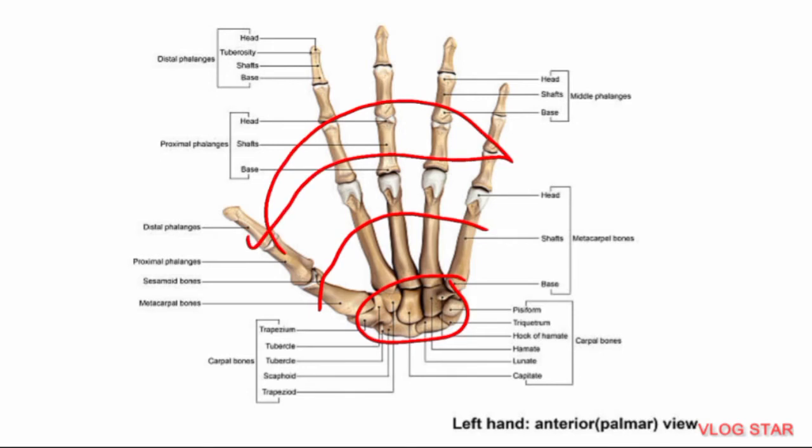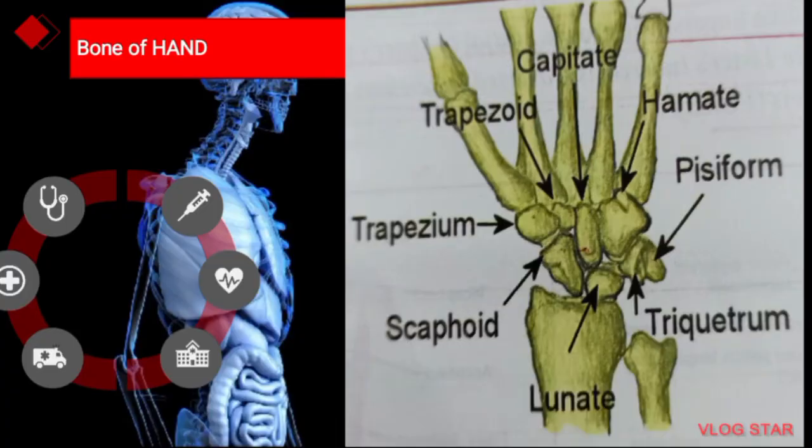Now let's see the carpal bones. Carpal bones are short bones, 8 in number, arranged in 2 rows, proximal and distal. Each row presents 4 bones from lateral to medial side.